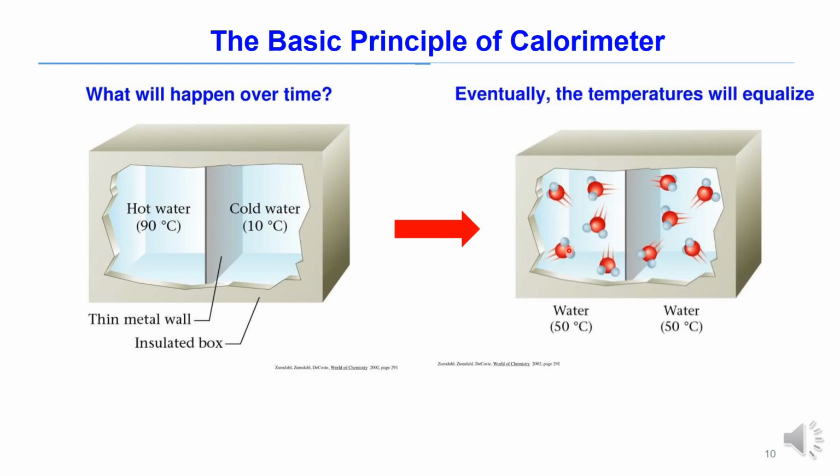As time goes by, the hot water will release the heat and cause the temperature to decrease to 50 degrees Celsius from 90 degrees. And since the cool water absorbs the heat, the temperature increases to 50 degrees from 10 degrees Celsius, and eventually the temperature will equalize.